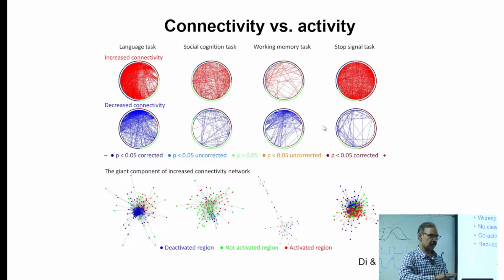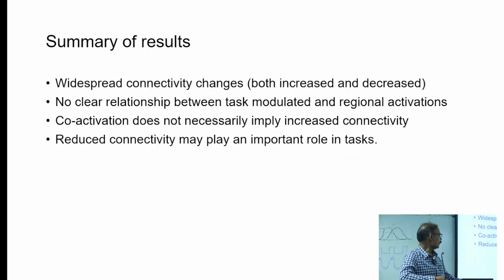And the relationship between task modulation and regional activation is not so clear. Also, co-activation does not necessarily imply increased connectivity. Also, reduced connectivity may play an important role in task, right?